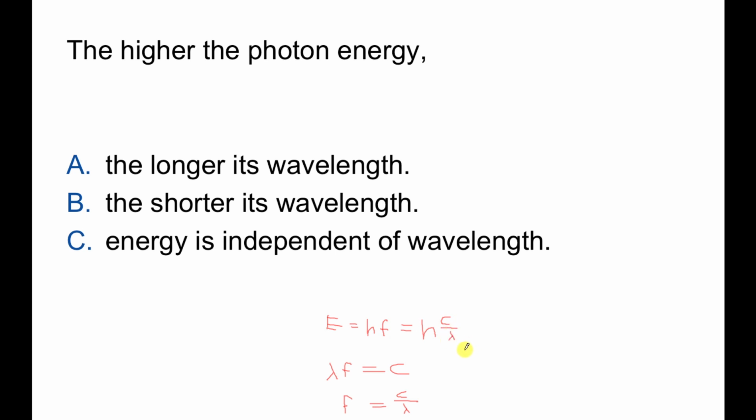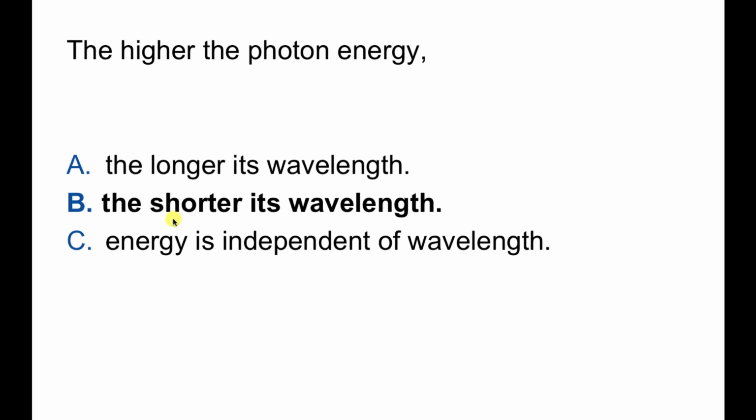And so this shows you that energy does depend on frequency, but it does depend on wavelength as well. So the higher the energy, to make energy bigger, because wavelength is in the bottom, we have to make wavelength smaller. So a smaller thing in the bottom is going to make the whole fraction bigger. And so a higher energy photon should be a shorter wavelength.